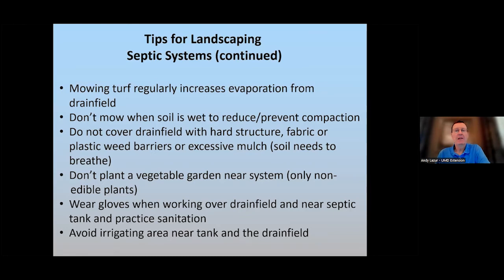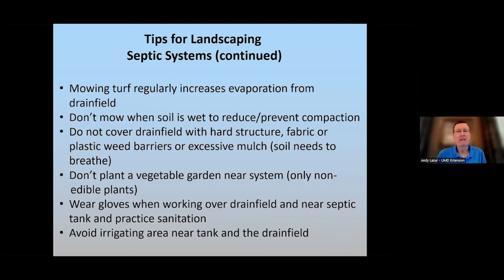And this is a really important point: whatever you plant over your drain field, turf or pollinator flowers, whatever the case may be, avoid irrigating it heavily. Obviously you have to water the plants to get them established, but you don't want a regular sprinkler system turning on every other day or every third day watering your drain field.